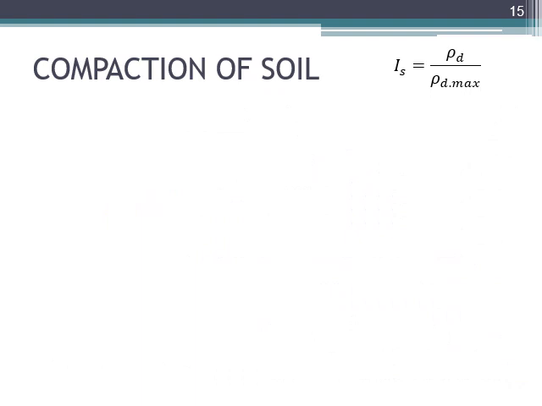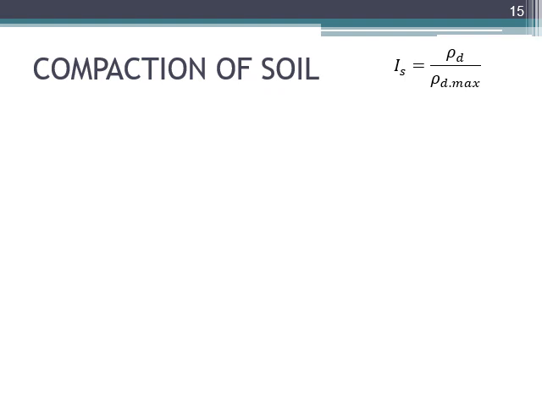So to calculate the value of the coefficient of compaction, you need two pieces of information. First is the dry density of the soil layer in situ, and the second is the maximum dry density of the same soil compacted in the Proctor test.